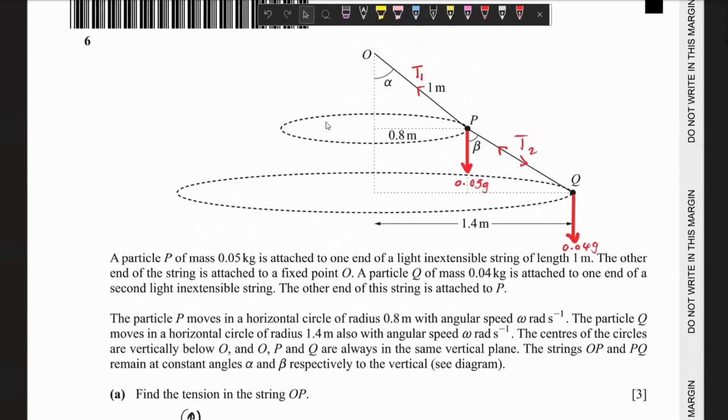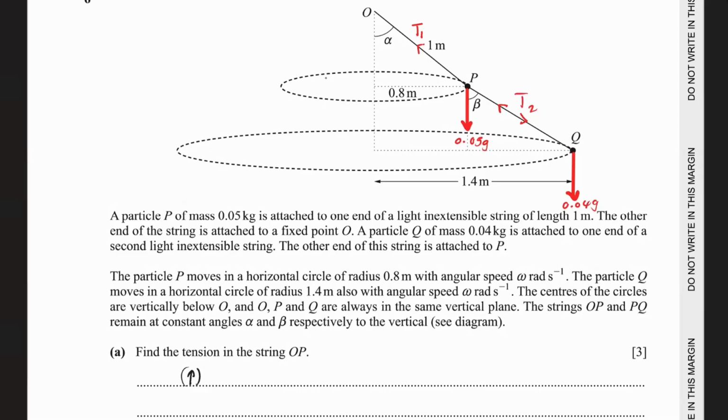So technically, the vertical forces are going to be T1 cos alpha, which is the component of T1 going up, and that's going to be equal to the downward forces acting at P. Downwards on P, we have 0.05 G, and we also have the component of T2, so plus T2 cos beta. That's the downward component of T2 acting on P.